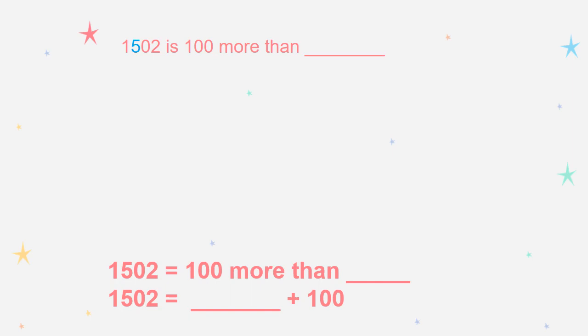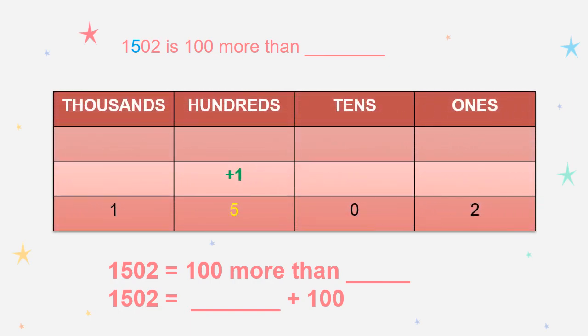That means which number plus 100 becomes 1,502? So I write at the table: which number? We don't know. Plus 100, so I plus 1 at the hundreds place. Become 1,502.